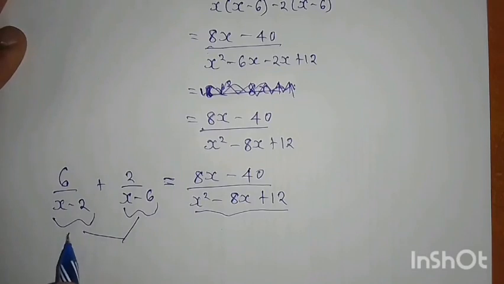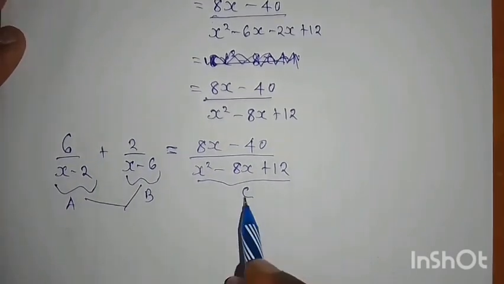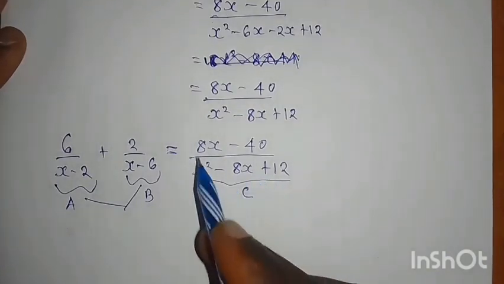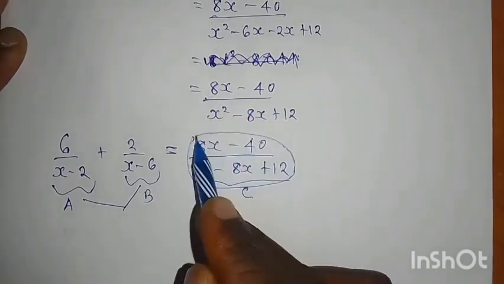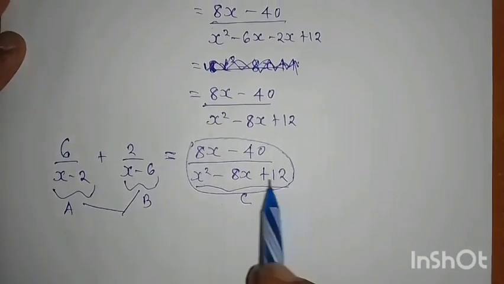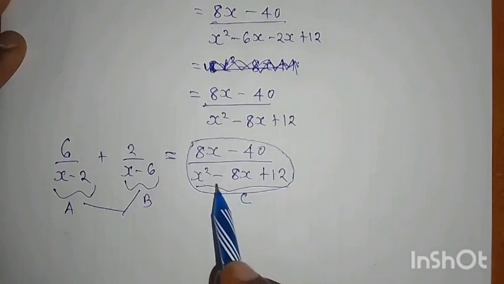So if we say that this is A, B, and C, then A and B are the partial fractions of C. Now at this level, we want to learn how we can split this expression into its partial fractions. So in summary, that is what partial fractions are.